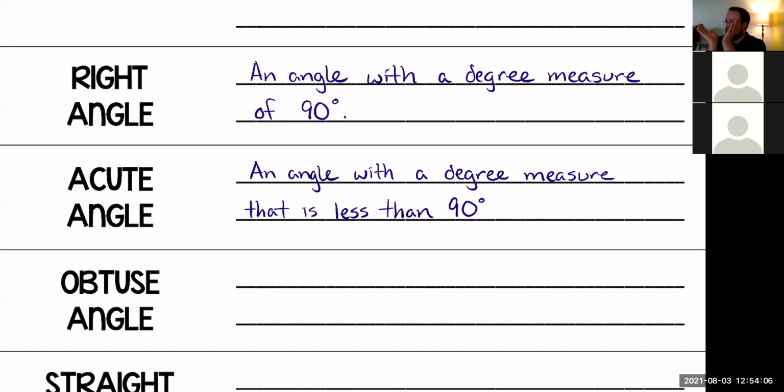So anything that has a smaller measure than 90 degrees is considered an acute angle. So anything from like 0.0001 degrees to 89.99999 degrees. Those are all considered acute angles.